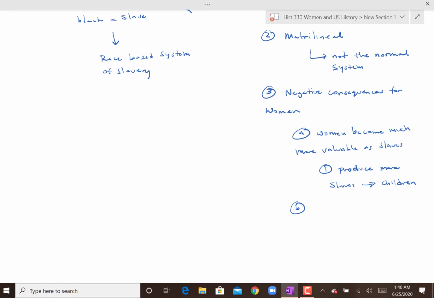And so the act of childbirth is essentially, and children are stolen from slave women, and used for profit. That was the purpose. And so then you have more people wanting female slaves, so that they can increase their slave population without having to buy all of the new slaves.